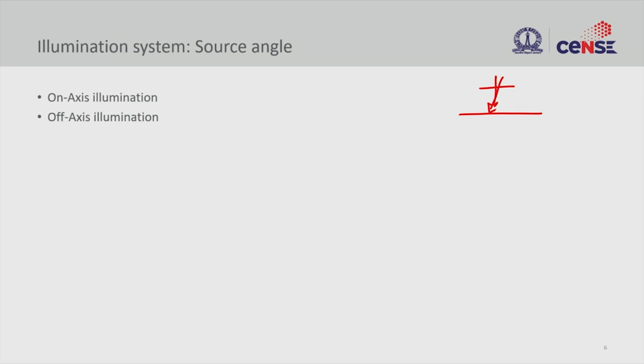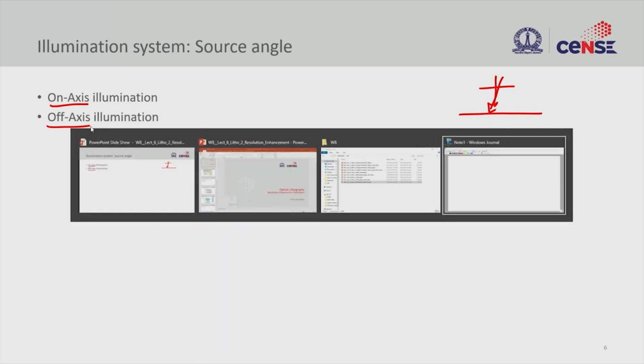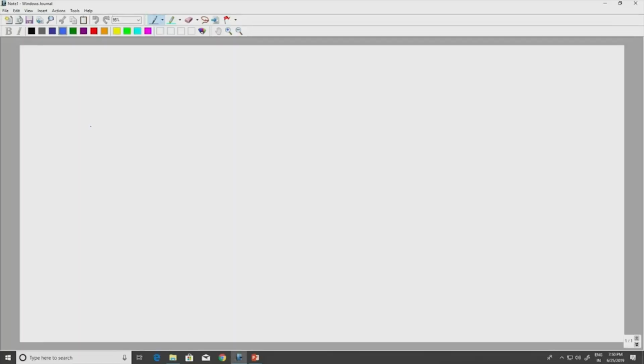The coherent light will have only one angle of incidence, but if you are using a light source of certain shape, you will always have some partial coherence, not just from the light source itself, but also from the positioning as well. So here we deliberately do some on axis and off axis illumination.